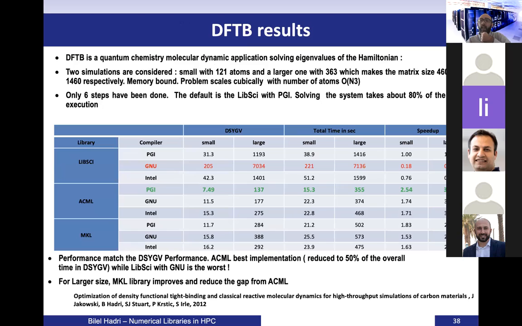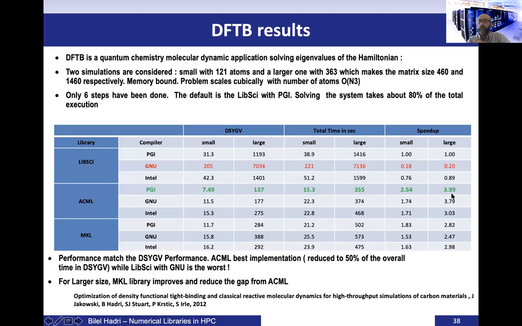Here I will just show a brief example where I have a code that I compile with the right libraries and different compilers, and I got a speed up of over 4 compared with the default one.